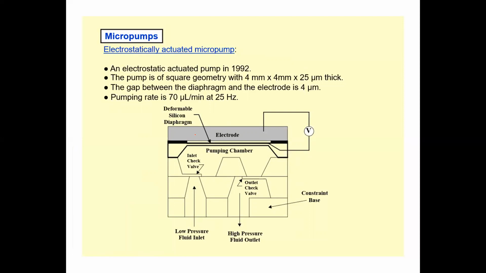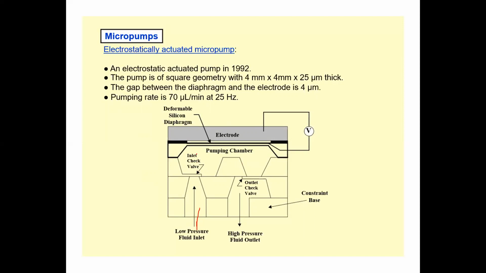So this is the electrode, this is the diaphragm, and this is the pumping chamber. This is the low pressure fluid, and this is the high pressure fluid outlet, right? When the voltage is applied, electrostatic force is generated, and this all will move up.